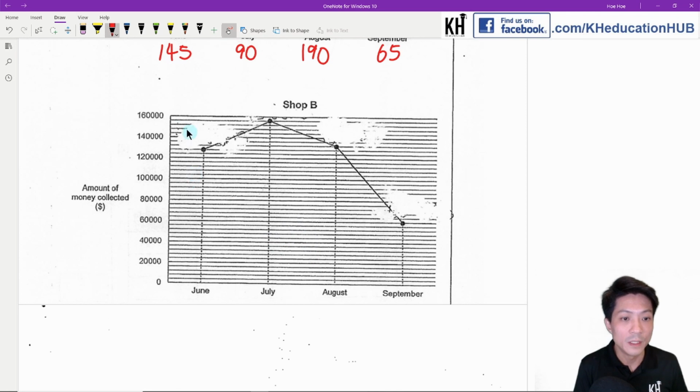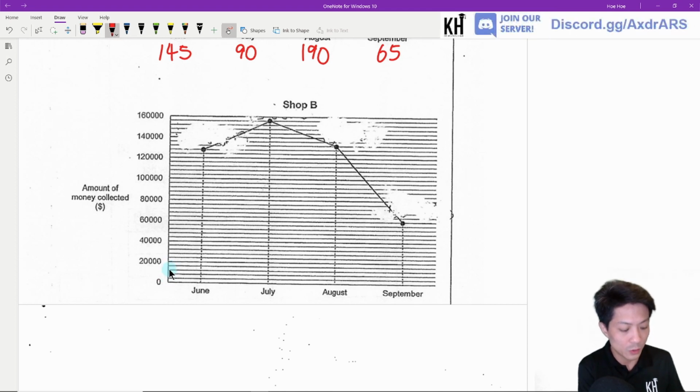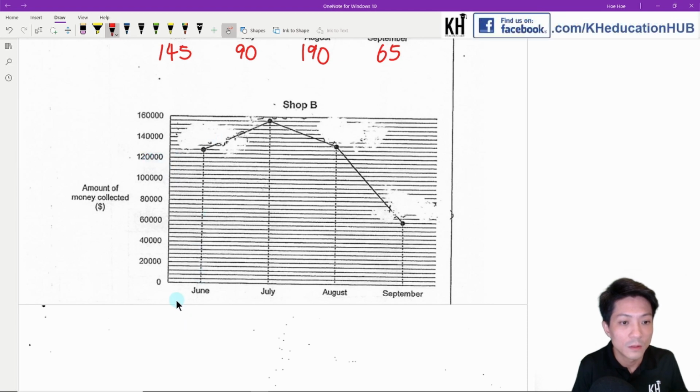For shop B, the amount of money collected. Each bar, there's how many? There's 1, 2, 3, 4, 5. So 20,000 divided by 5 will give me 4,000. Each one is 4,000. So June is 128,000.